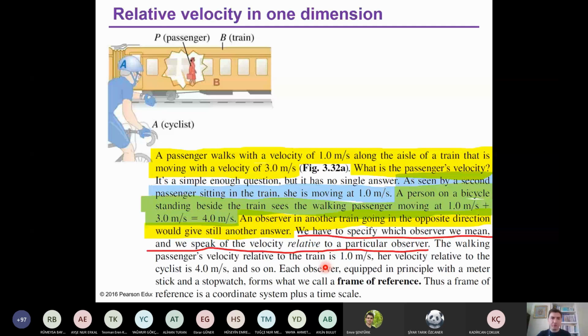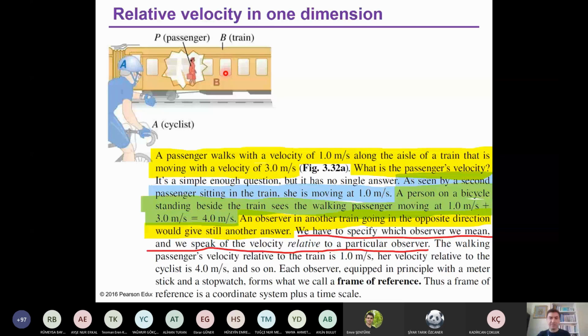A passenger walks with a velocity of 1 meter per second along the aisle of a train that is moving with a velocity of 3 meters per second. What is the passenger's velocity? It is a simple enough question, but it has no single answer. As seen by a second passenger sitting in the train, let's consider there is another passenger here.